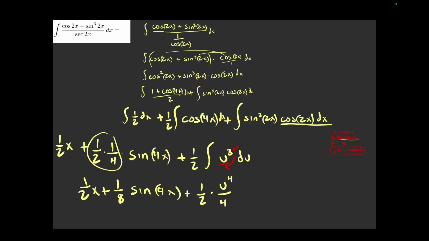So u is sine of 2x, so we're going to replace this u with sine of 2x. Running out of room here, so I'm going to make this smaller again.